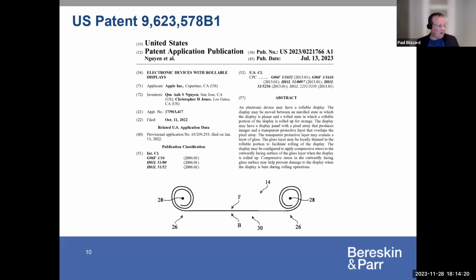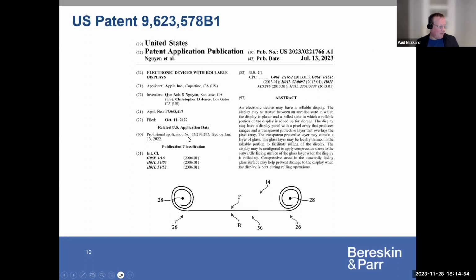I'm not sure if people have seen a patent application before, but this is the front page of a US patent publication, and you can get a sense of all the information that's here. This is actually a patent application directed to a rollable display that has been filed by Apple. There's many different pieces of information on the front of the page, but it's important to note a few things.